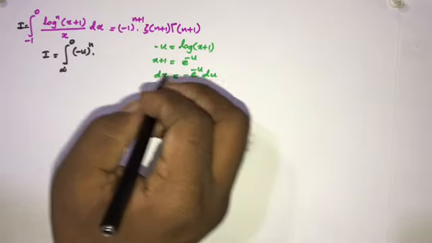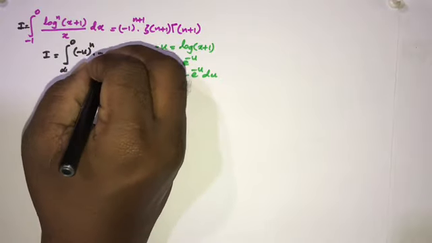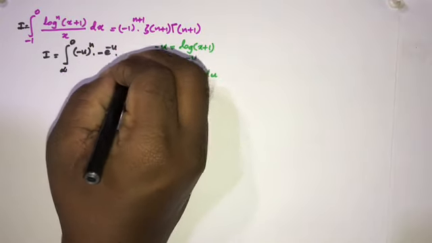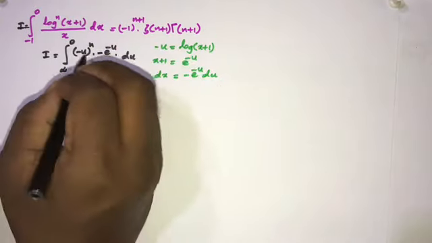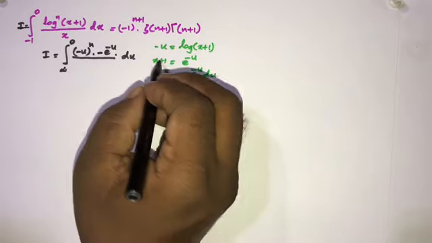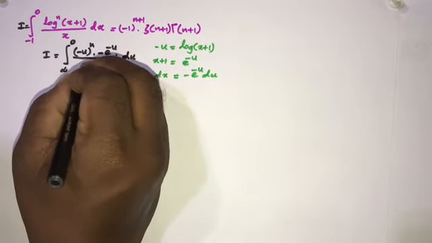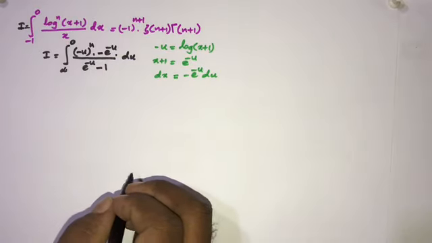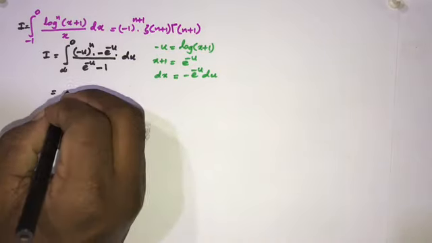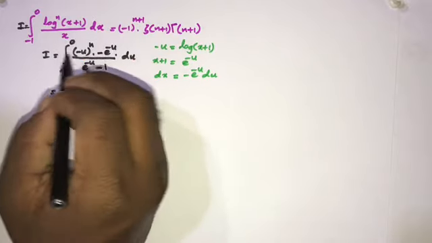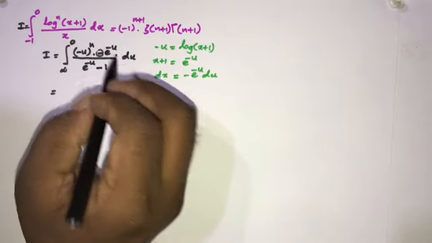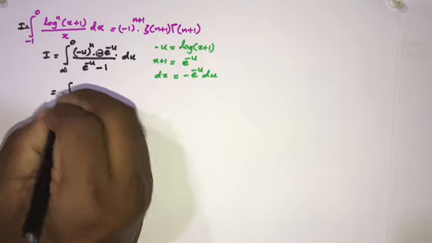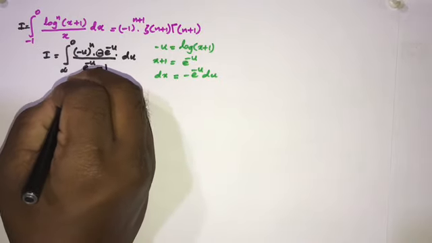Now dx is equal to -e^(-u) du over x, and x is equal to e^(-u) - 1. Now when we change the limits, this minus gets cancelled, so we can write 0 to infinity.